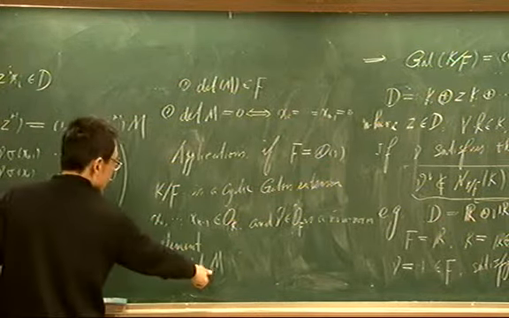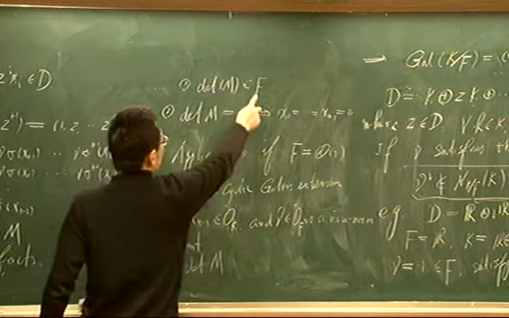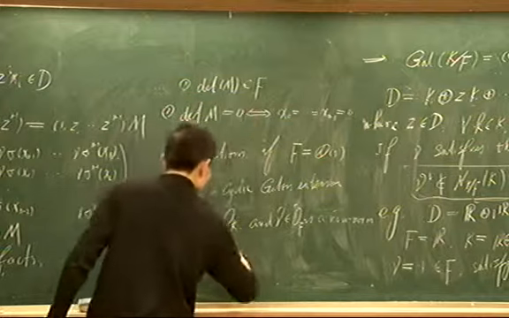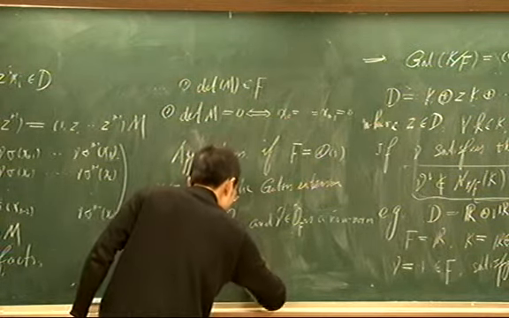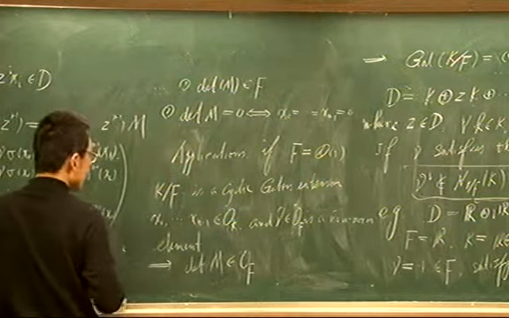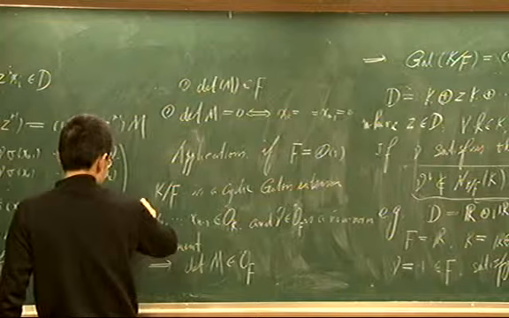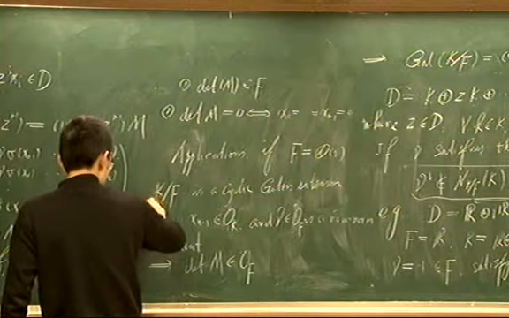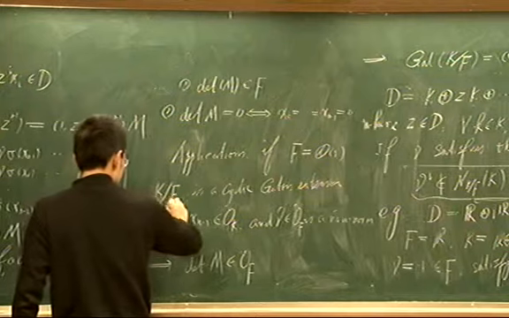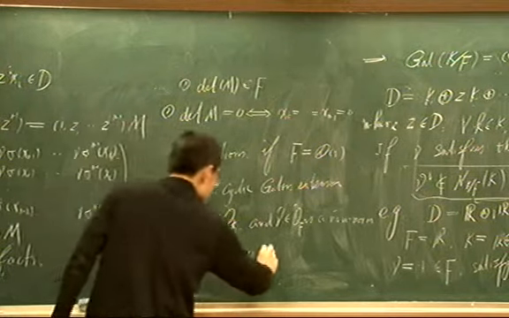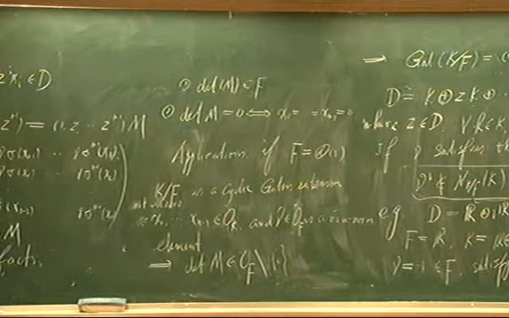So this determinant belongs to F, and can also belong to O_F. If it is not zero, then these things lie in this set.